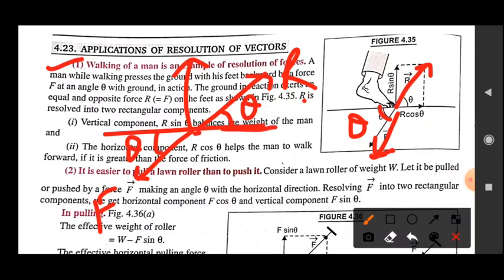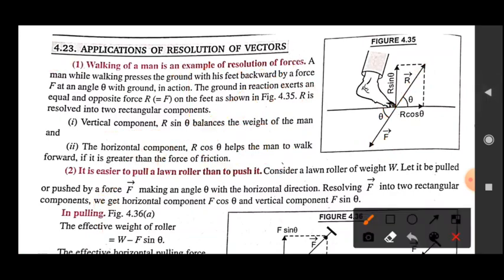The component adjacent to the angle is called horizontal, and the one that is not adjacent is called vertical. So the horizontal one can be written as R cos theta. Similarly, for the vertical one, you can make a parallelogram, as in this figure, and using it choose the right-angle triangle. In this triangle the base component is R cos theta, and similarly this component is R sin theta.